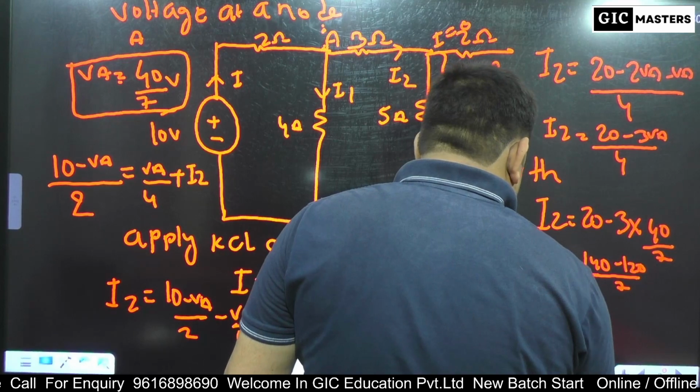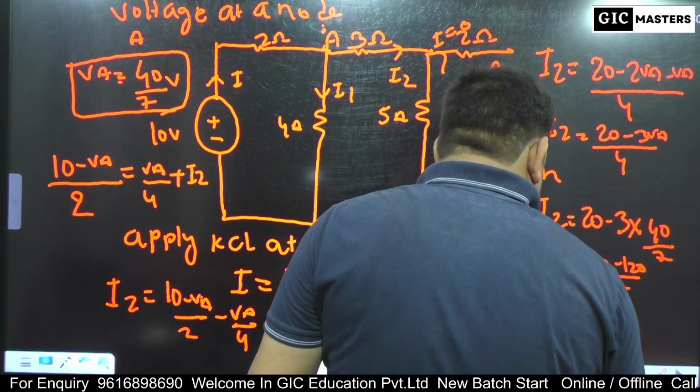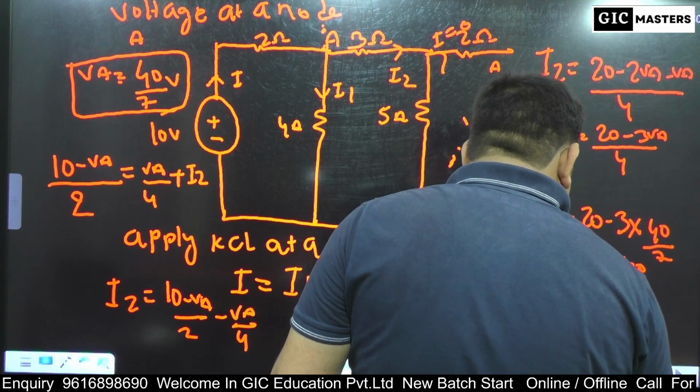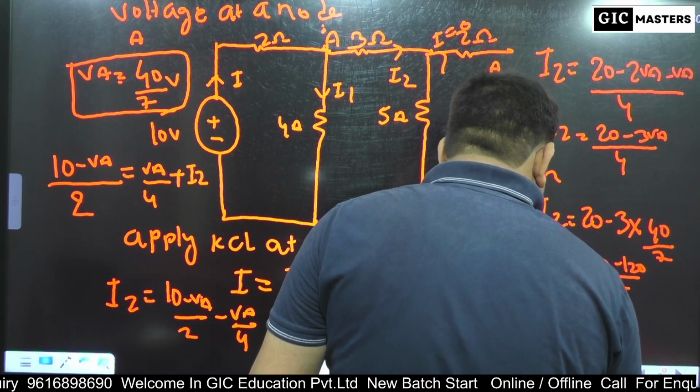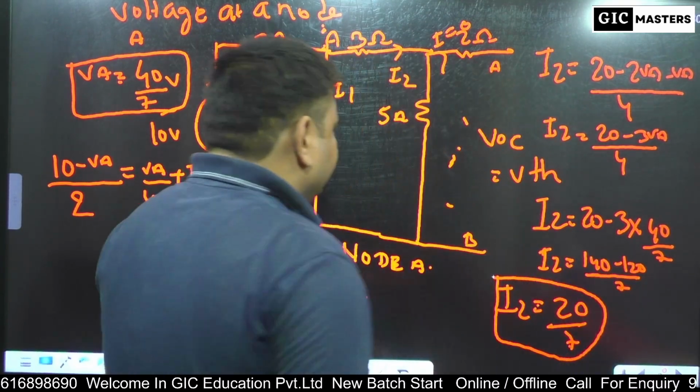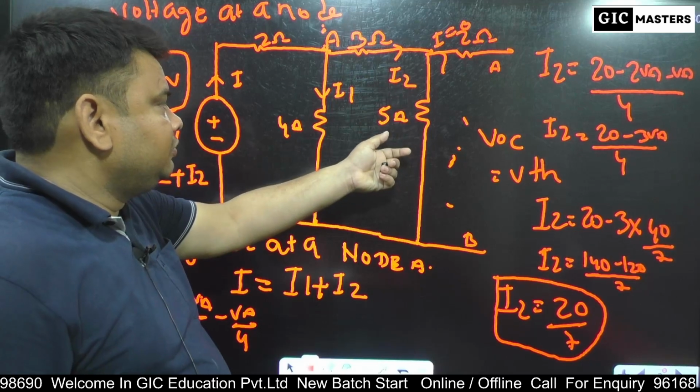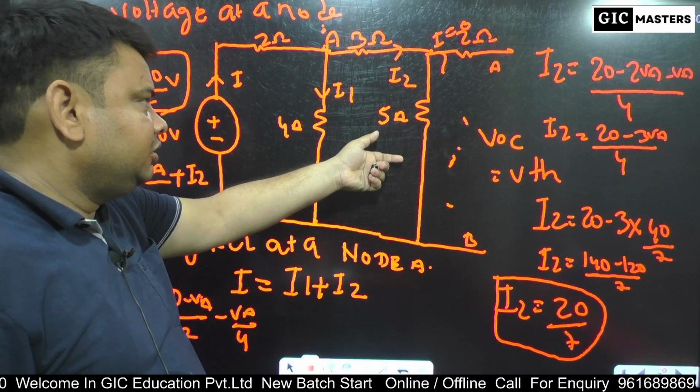So I2 equals 20 divided by 7. This is the current that flows through the 5 ohm resistor.